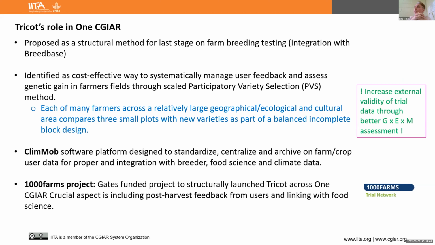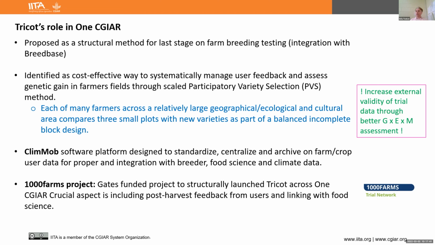So the tricot's role in the CGIAR, it's proposed as a structural method for last stage on-farm breeding testing. Then it's also identified as a cost-effective way to systematically manage user feedback and assess genetic gain in farmers' fields through scaled participatory variety selection methods. So each of many farmers across a relatively large geographical, ecological, and cultural area compares 3 small plots with new varieties as part of a balanced, incomplete block design.